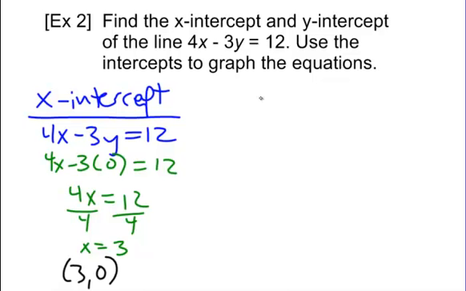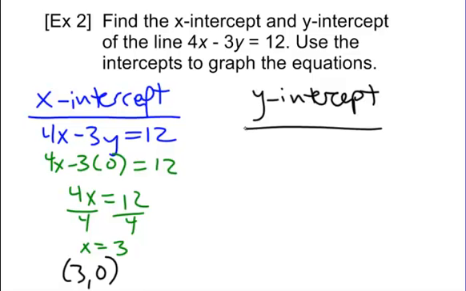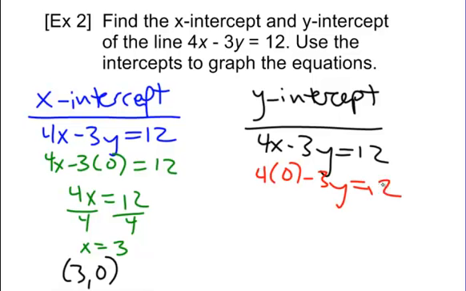What about the y-intercept? For the y-intercept, we're going to make x 0 this time, because you do the opposite one. So 4 times 0 minus 3y equals 12. What's interesting is that 4 times 0 becomes 0, but it's a minus 3y, so that stays a negative 3y, just like keep, change, opposite.